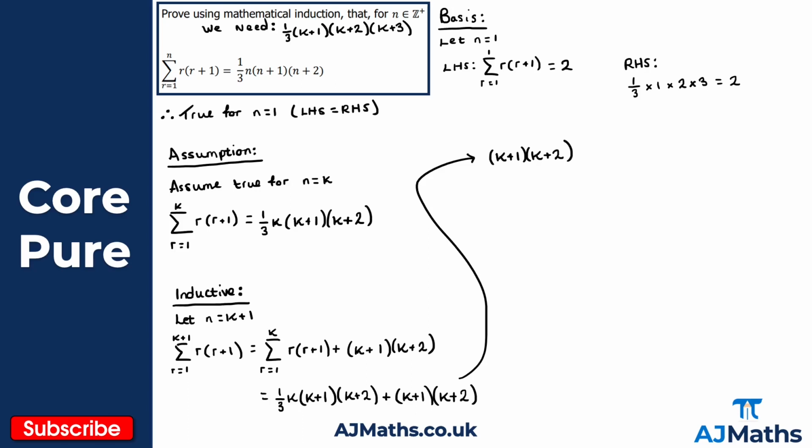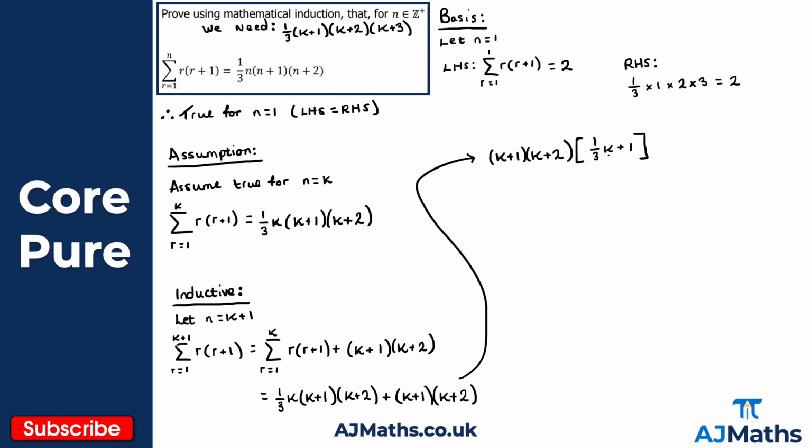So inside now, in square brackets, I'm going to get a third k plus 1. And from here now, you might be able to see what's going to happen, very similar to the previous question. I notice I've got k plus 1 times k plus 2. What we need is a third k plus 1, k plus 2, and k plus 3. So we're pretty close. We need a third in front, and we need the k plus 3.